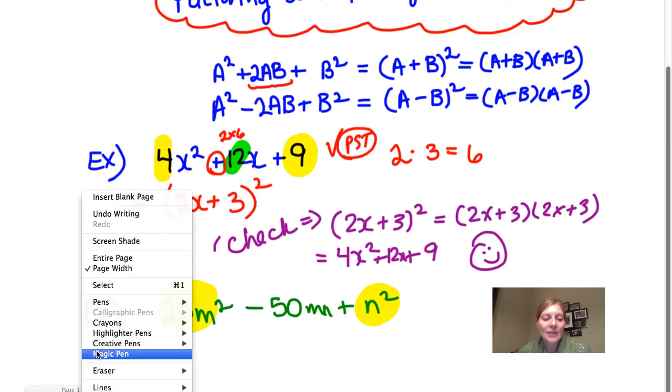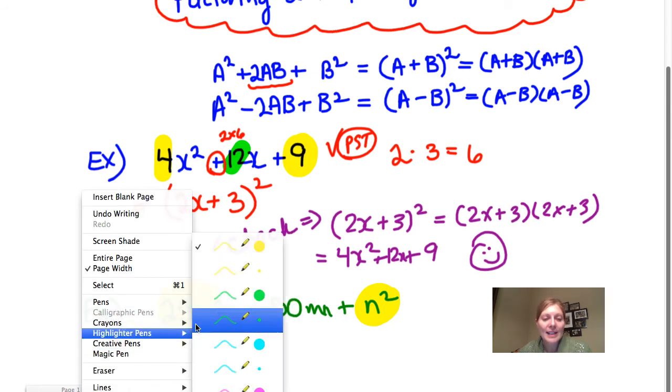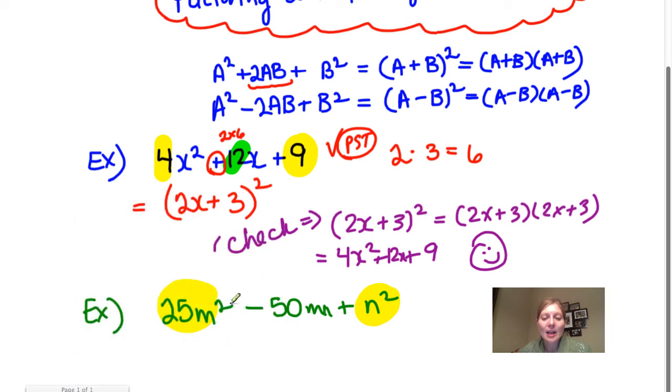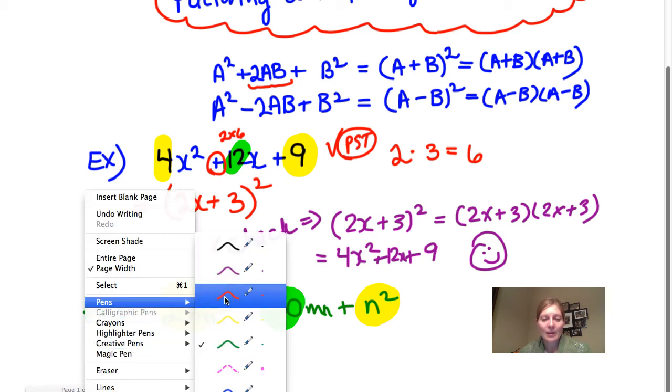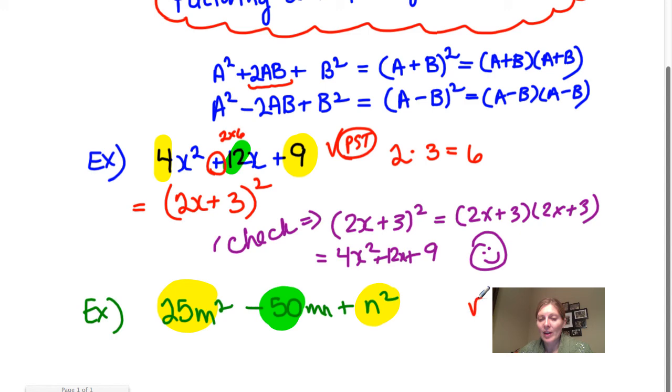The next thing I have to do is check the middle and see if the middle is double the square root of the 2 outside terms. So let's check out negative 50. The square root of 25, of course, is 5.